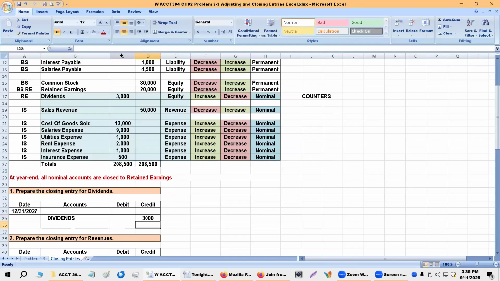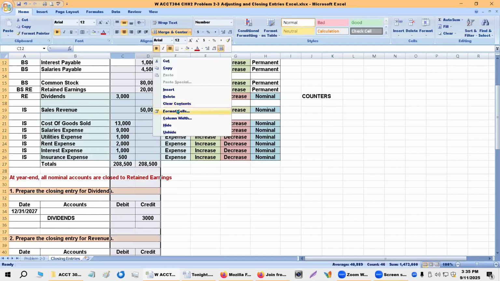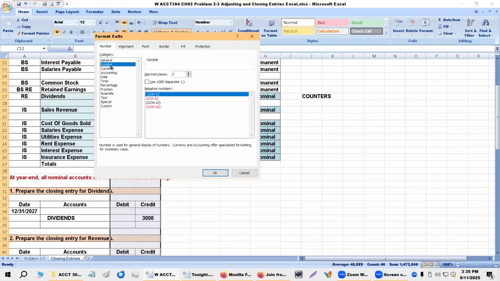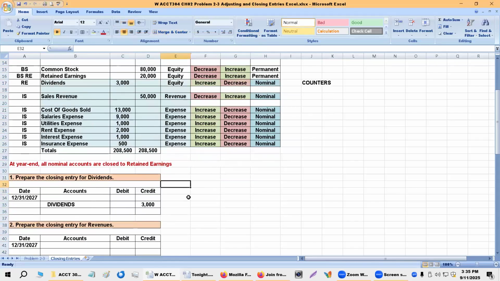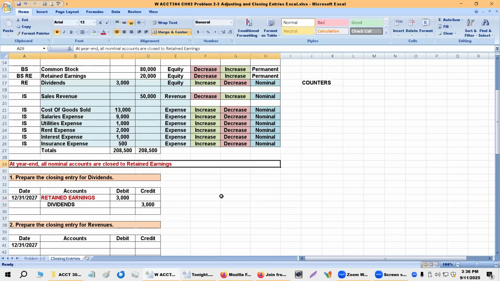A little formatting here. Okay, and everything gets closed out to retained earnings. So retained earnings is always the other side. We'll have this in every single account, retained earnings, every single one that we're closing out.